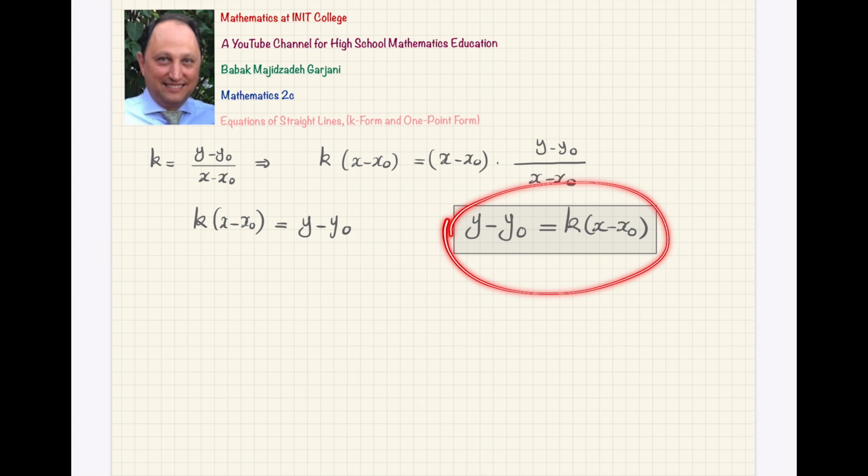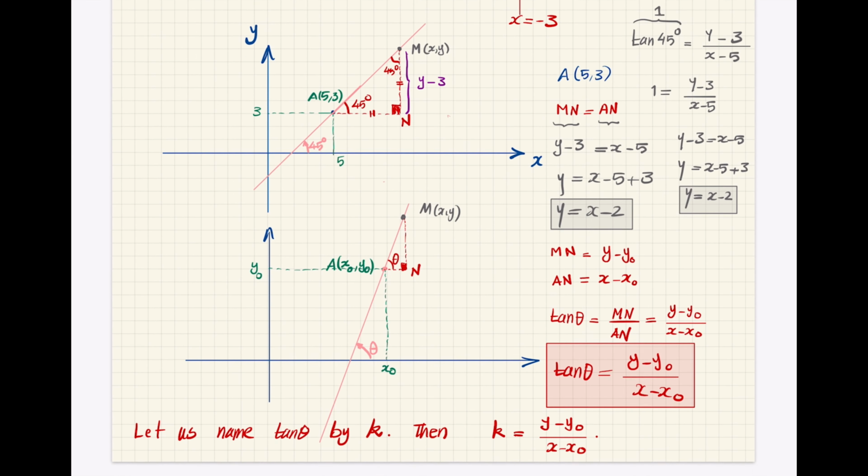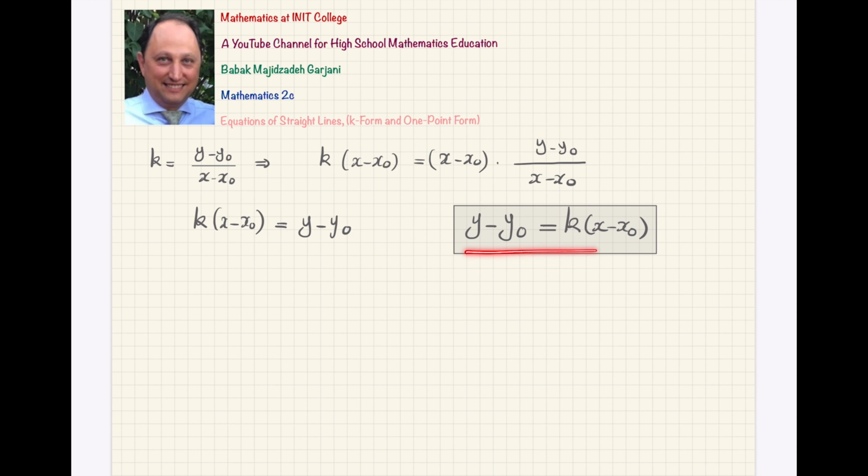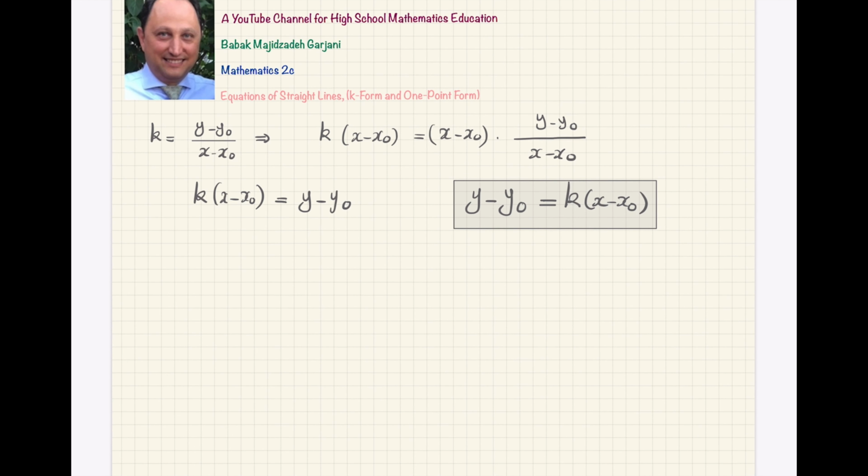This equation is exactly that equation, by changing the name of tangent to k, which makes it easier to see. And then I simplify this algebraically. And this number k is known as the slope.